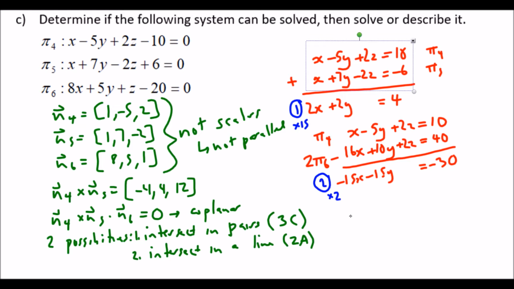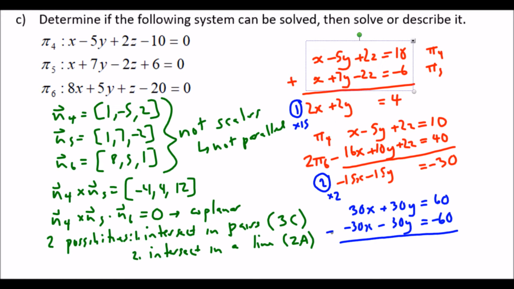So now I'm going to have 30x plus 30y is equal to 4 times 15 is 60. Beautiful. Here I'm going to have negative 30x minus 30y is equal to negative 60.